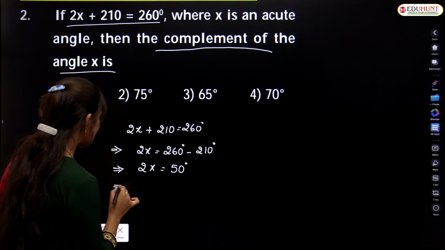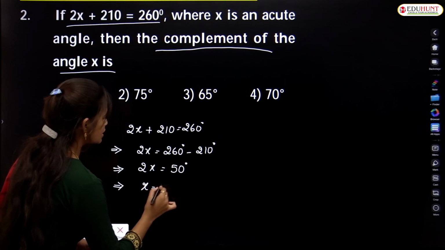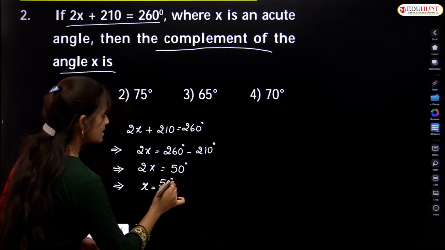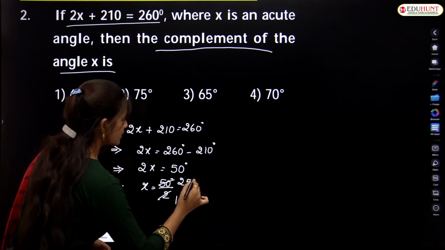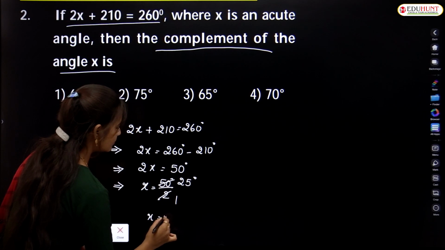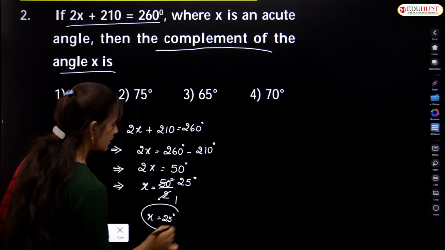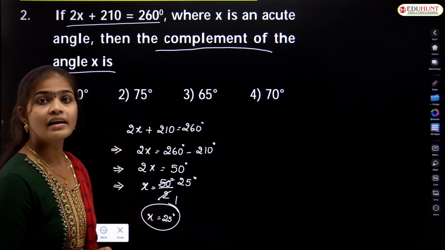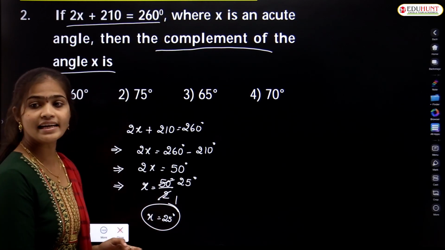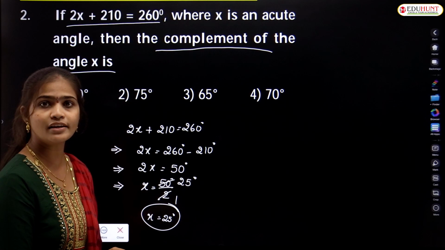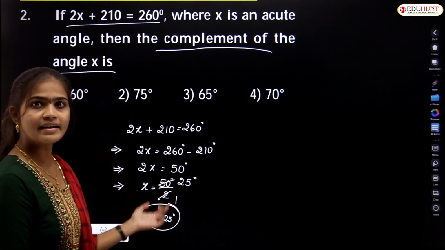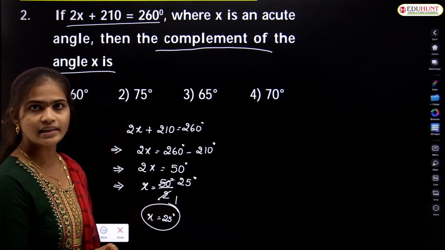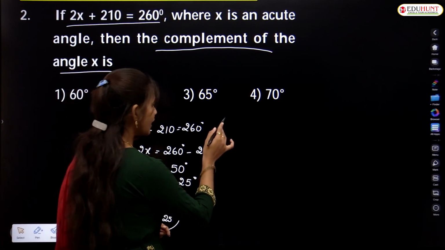Then x is equal to 50 degrees by 2, so 2 fives are 10 and 2 twenty-fives, so x is 25 degrees. Now we know the value of x. Already they say x is an acute angle, so here x is equal to 25. Is that an acute angle or not? Yes, obviously, it is greater than 0 and less than 90, so obviously that is an acute angle. So x is equal to 25.